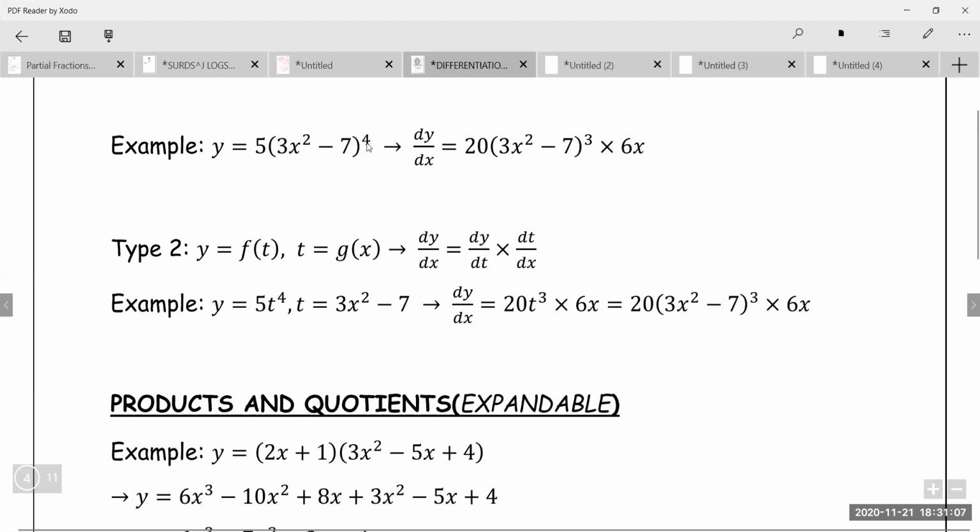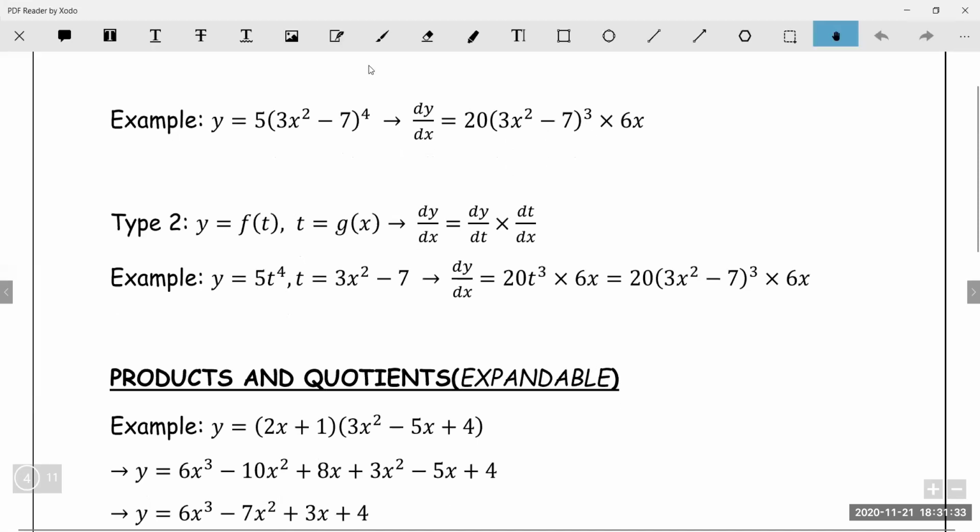You subtract 1 from the power: 4 minus 1 is 3. But then you differentiate what's inside the bracket, so you get times 6x minus 0. And this is dy by dx.